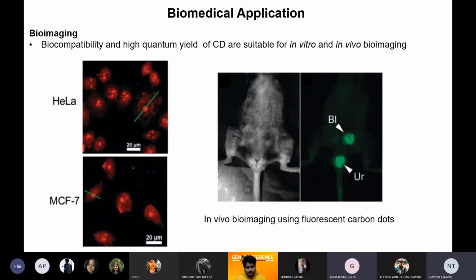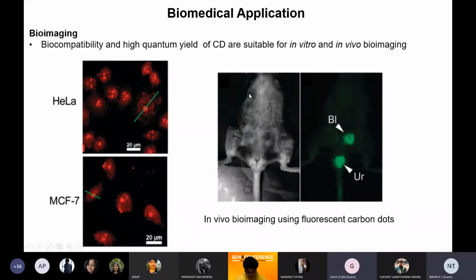Now, after doing that, we come to the biomedical applications. There are various biomedical applications for carbon dots. I have listed some. One of the earliest bioapplications of carbon dots was obviously bioimaging, because they are fluorescent. In this study, they have shown the bioimaging of HeLa as well as MCF cells.